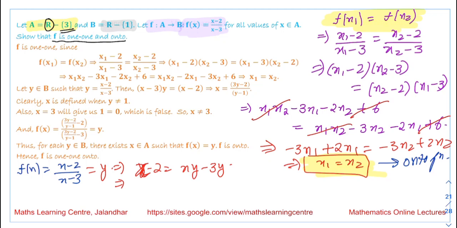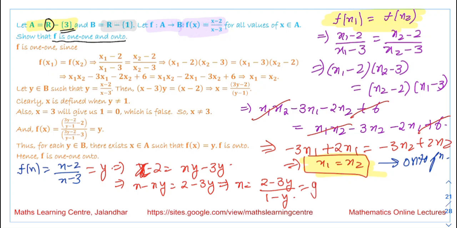So this gives us x minus xy is equal to 2 minus 3y. So this gives us x is equal to (2 minus 3y) over (1 minus y).